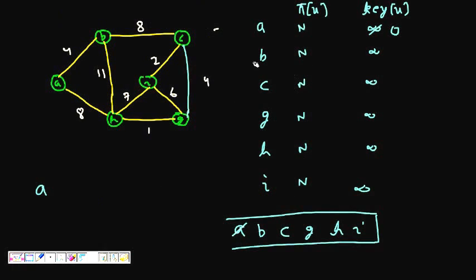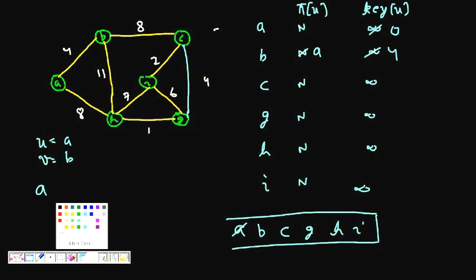So let's again try to see. B will come first, and what it will see is that the key of B is initially infinity, and the weight of edge UV, where U is now A and V is B, is 4. So it is less than the key, and B will get a key which is now 4. Its parent will be A, because from here it was discovered.